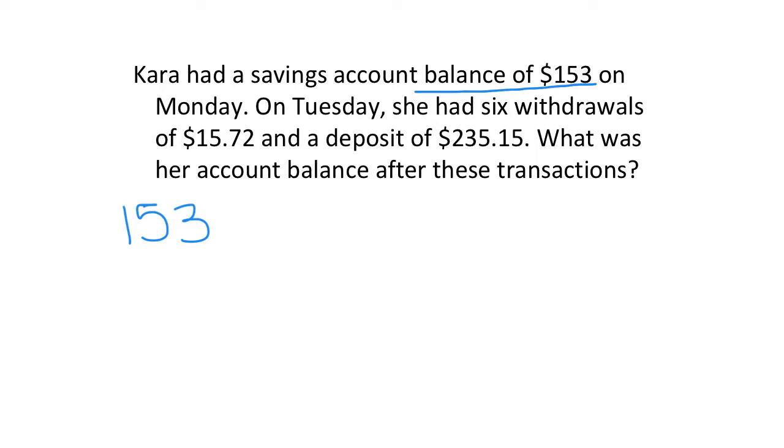On Tuesday, the first thing that happened is that she had 6 withdrawals of $15.72. Each withdrawal was $15.72, so we need to know the total amount that she withdrew. In order to find that, we're going to multiply 6 times negative $15.72 because that was a withdrawal and is negative.